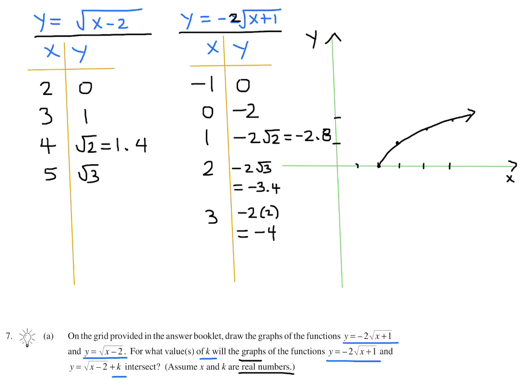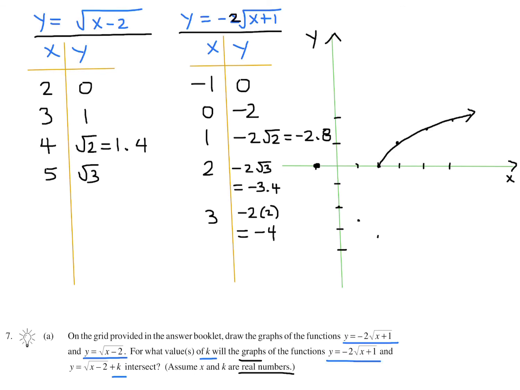Okay, let's plot this. So x is minus 1 approximately here, 0. So that's where the graph starts. When x is 0, we've got minus 2. Okay, that's good right there. And then when x is 1, we've got minus 2.8, so approximately here. When x is 2, we have minus 3.4, so approximately here.